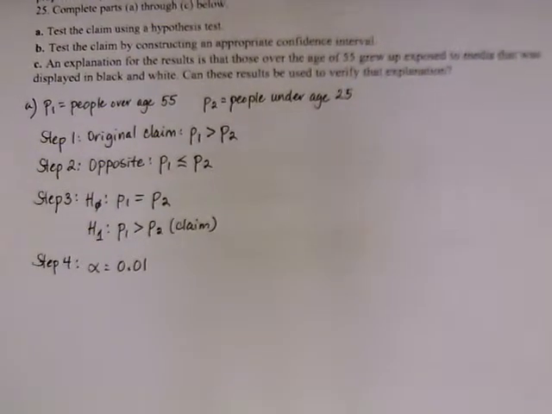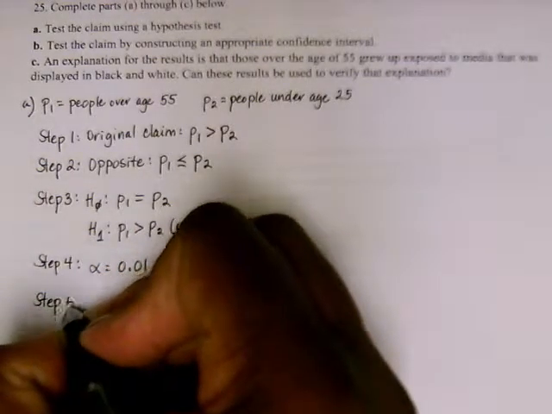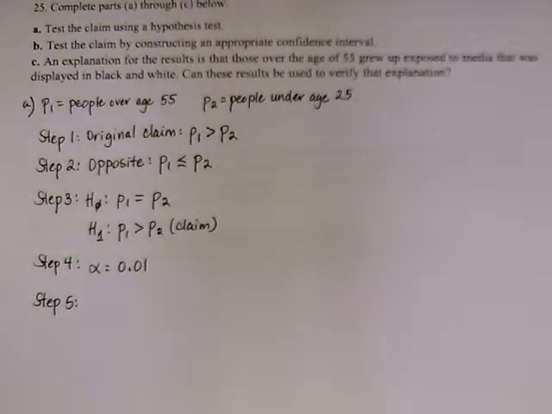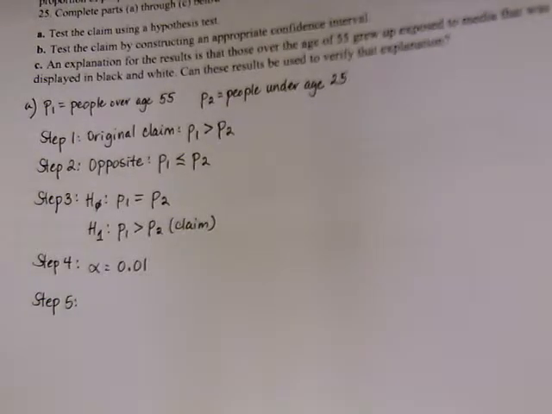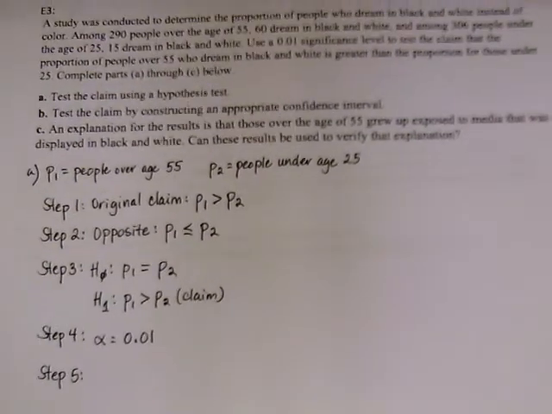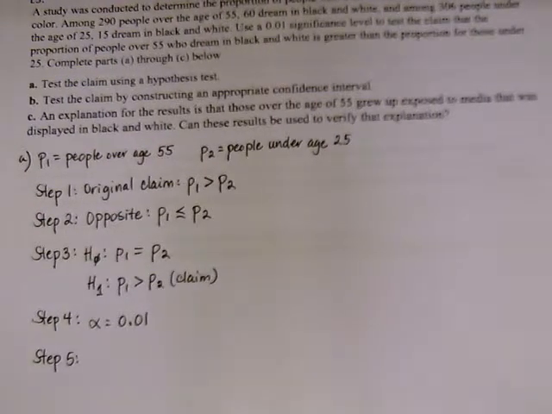Okay. Now, step number 5. Here we're going to have to actually calculate the test statistic. Now, instead of using the formula that I showed you earlier, we can use the TI-83 or the TI-84 Plus graphing calculator. But we need to identify some things like N1, X1, N2, and X2.